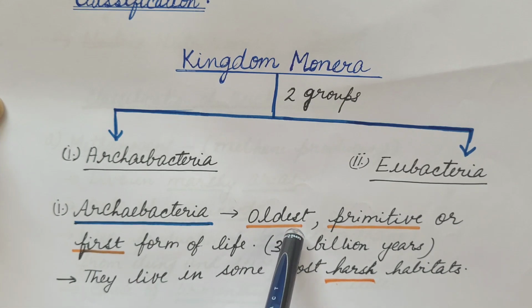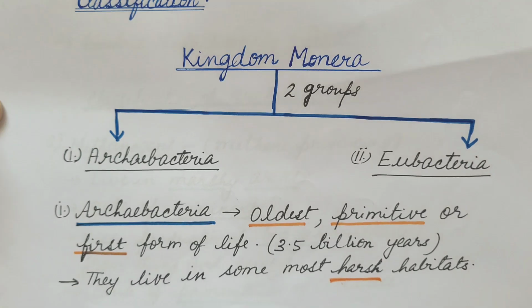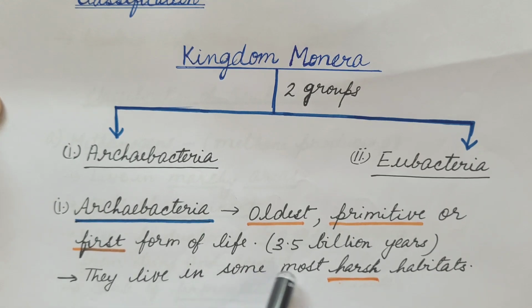These are the oldest, primitive, or we can say first form of life, which have been around for over 3.5 billion years. They live in some of the most harsh habitats which are unfavorable to other organisms.